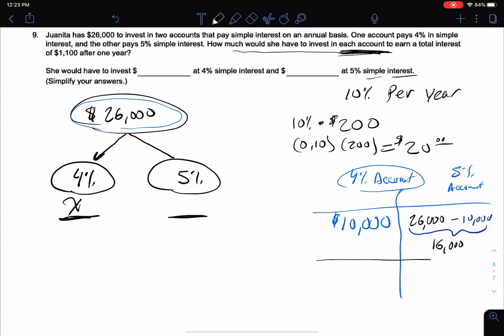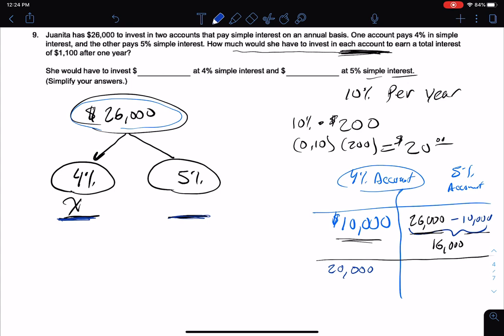Okay, so the connection is, whatever you put into the 4% account, how do you get what goes in the 5% account? Well, it's going to be the original total minus whatever you put in the 4%. Okay, let's do one more of those. If I put in 20,000, now these are not the answers, it's just trying to get us to see the relationship between the dollars in the 4% account and the dollars in the 5% account.